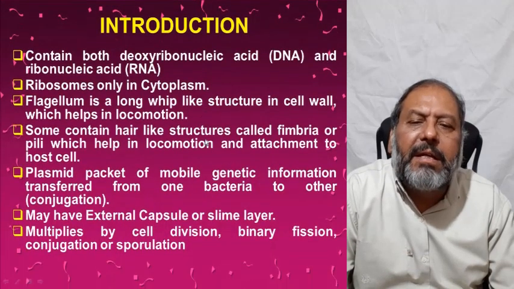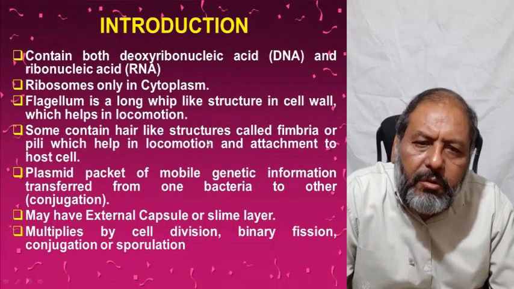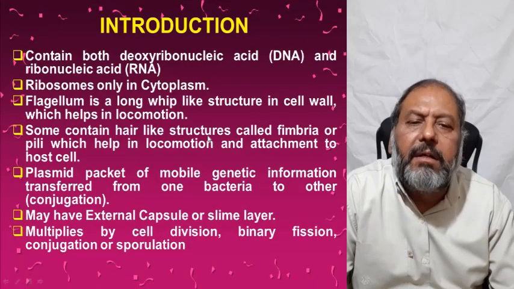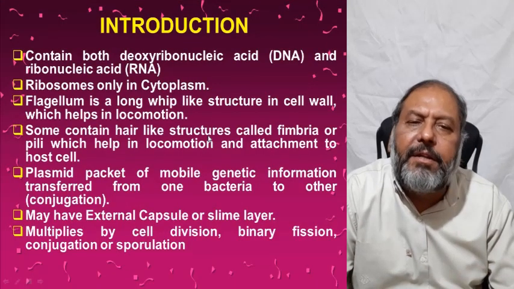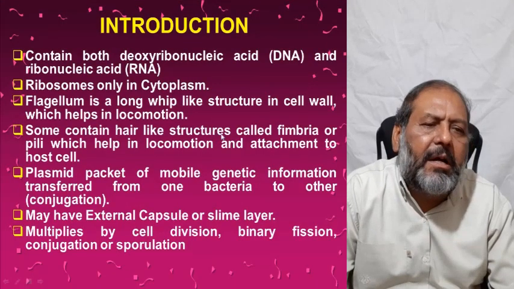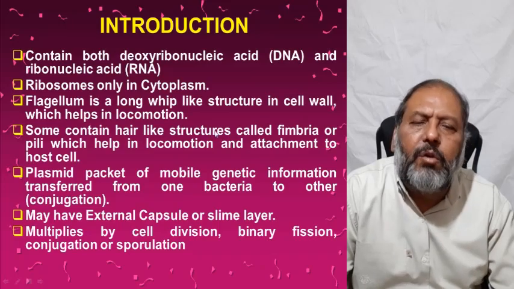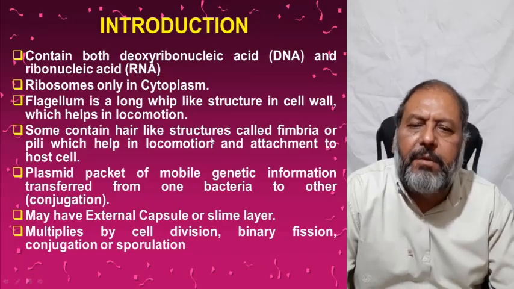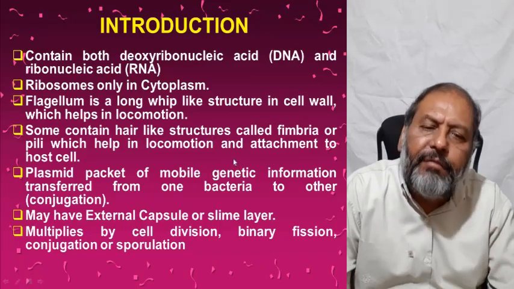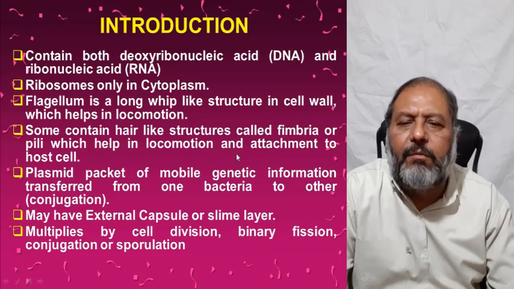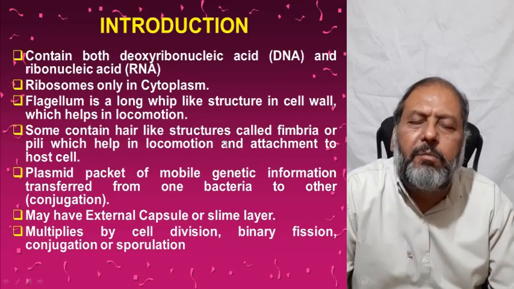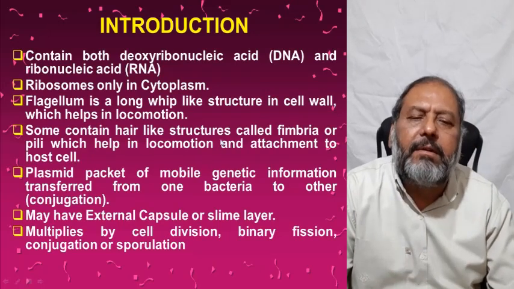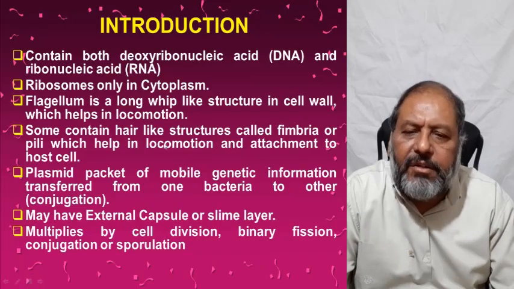So the bacteria contain ribonucleic acid, which is called RNA, and deoxyribonucleic acid, which is the DNA. Ribosomes are present in the cytoplasm. Flagellum is a long whip-like structure in the cell wall which helps in locomotion, or one can say these are the legs of the bacteria.